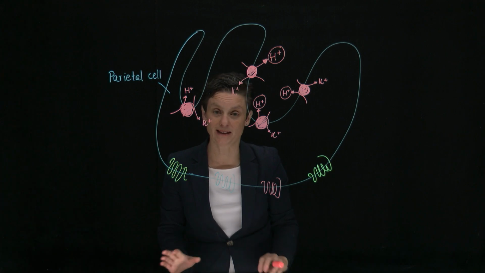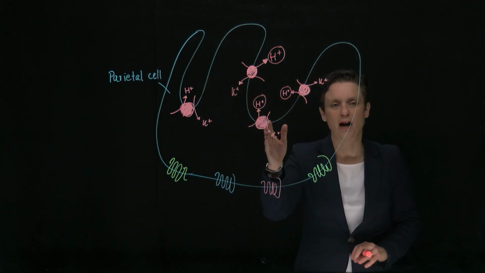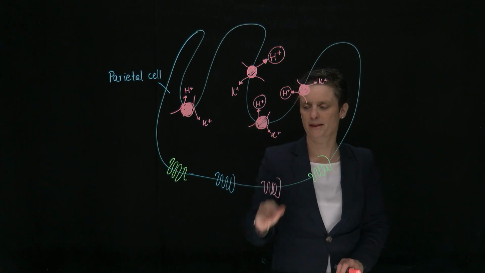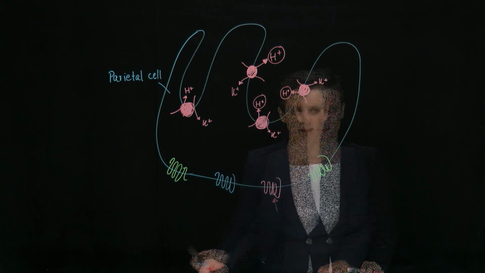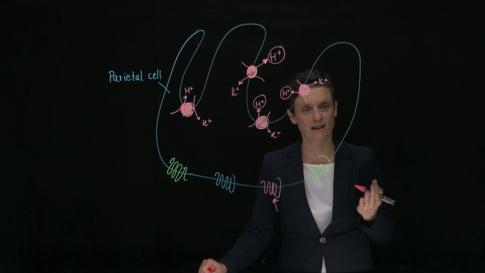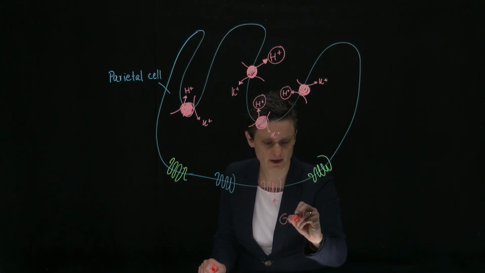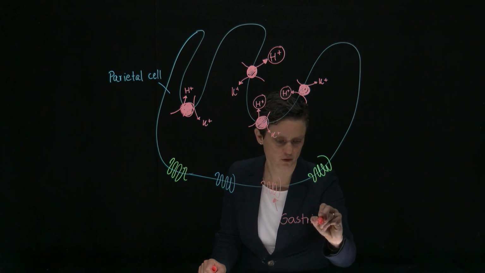So now what are the different stimuli to make more acid, to activate these proton pumps? Well, there are several stimuli. Let's start with the hormone. One hormone that stimulates the proton pump is gastrin. It's a hormone, so it travels in the blood.